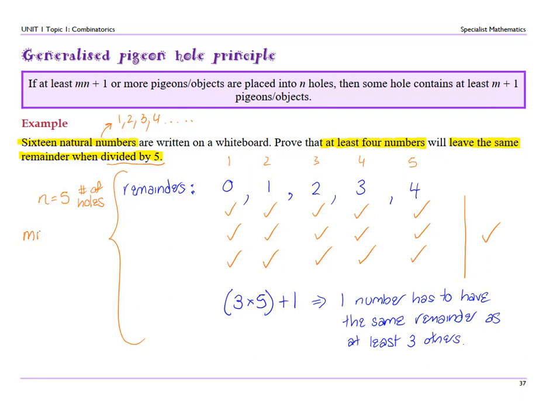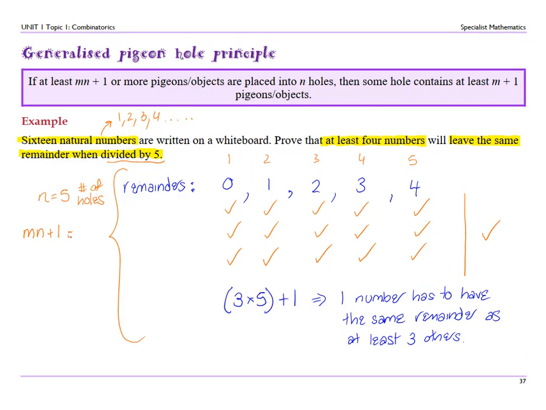Now mn plus 1 has to equal 16. That's our 16 natural numbers. If n is 5, we have 5m plus 1 equals 16. 5m equals 15. m equals 3. That's our 3 others.